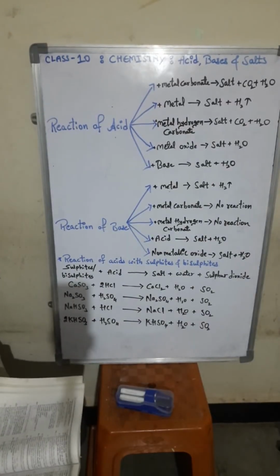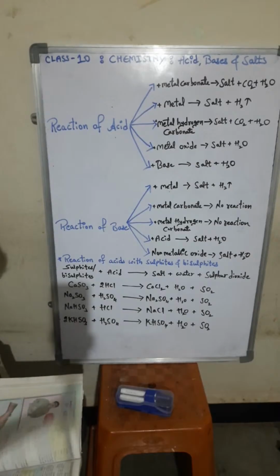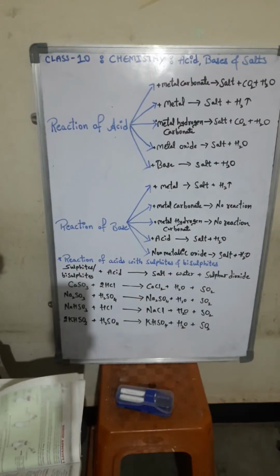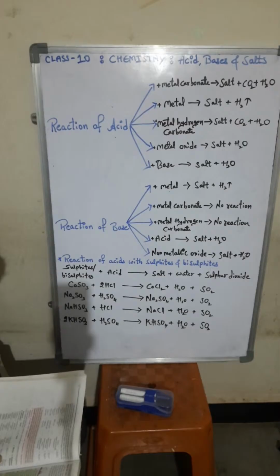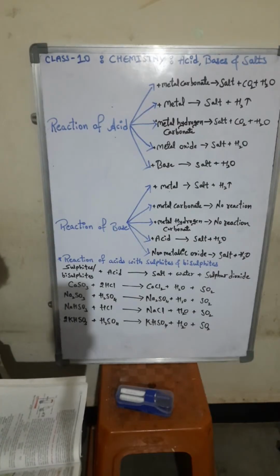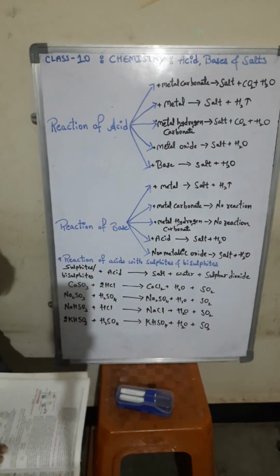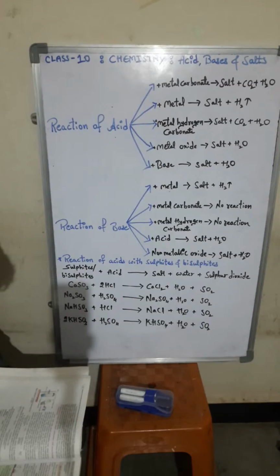Yes, see students, we are studying the chemical properties of acids, isn't it? In the last class we discussed the reaction of acids with bases, as well as the reaction of acids with metallic oxides and the reaction of acids with metal salts.